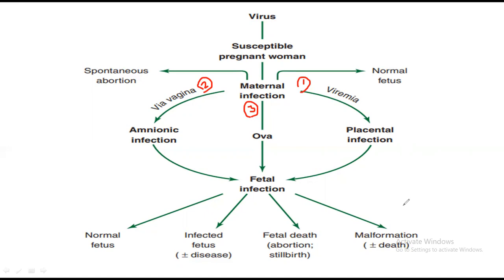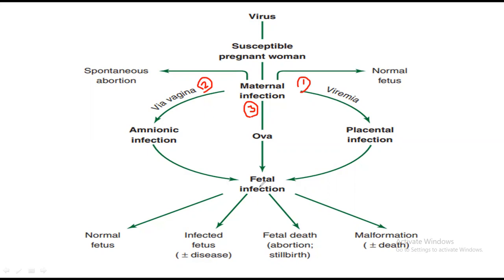For example, if there is a chronic condition and the mother is infected by the virus for a long period of time, the virus can infect the ova of the mother, and when it is fertilized, the ova is infected. When the cells are dividing, the virus is also dividing in each and every cell, so the whole fetus can easily be infected.